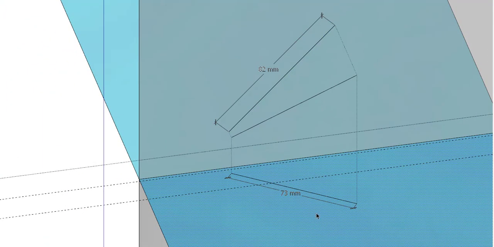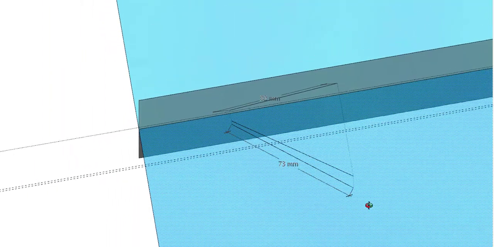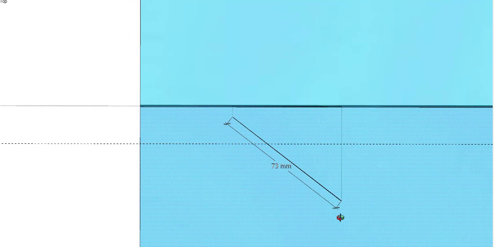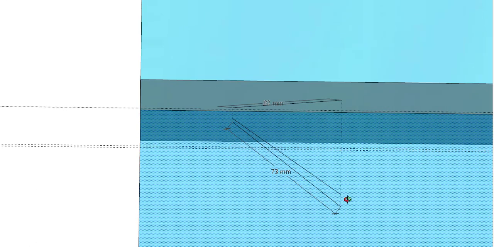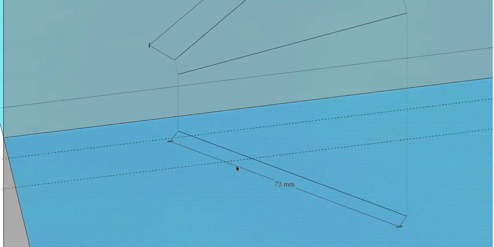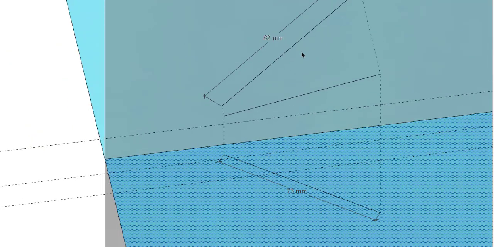Meanwhile, if I project it towards the horizontal plane, that is, take the top view, the apparent length is even lesser. It is 73 millimeter. So the top view is 73 millimeter and the front view is 82 millimeter, whereas the actual length of the line is 93. So what do we know from this?